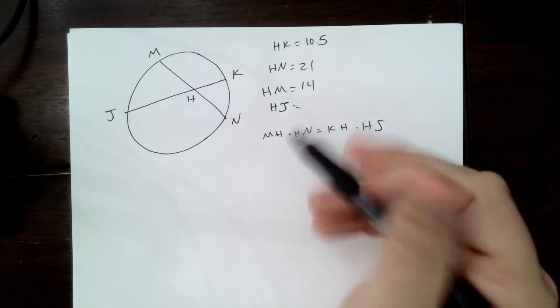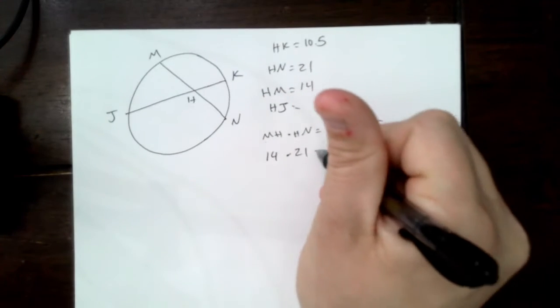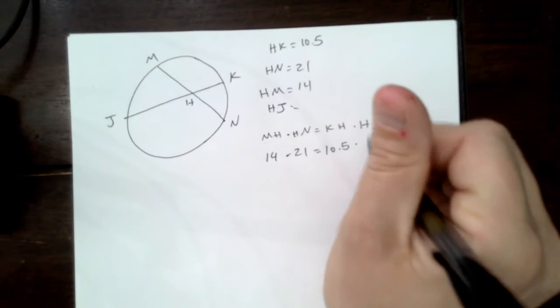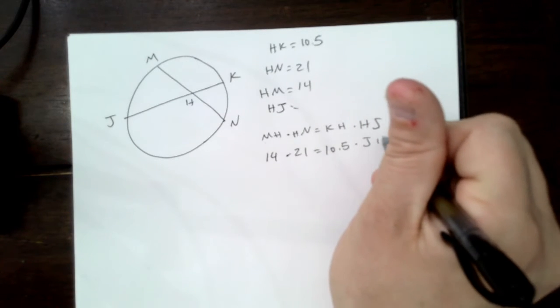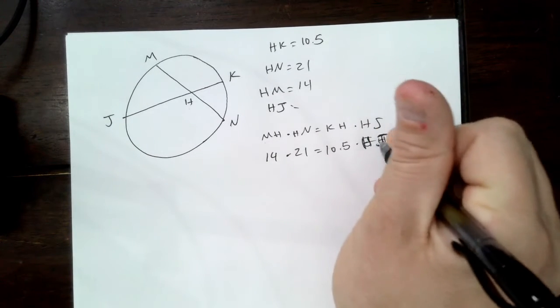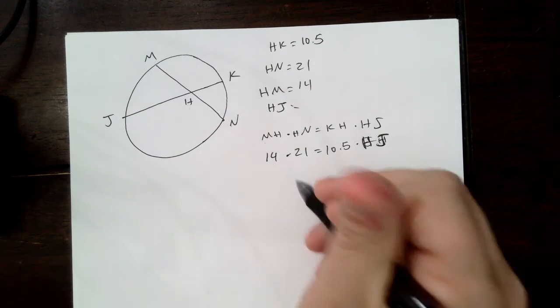Do we know what MH is? Yeah, we do. It's 14. Do we know what HN is? Yeah, it's 21. HK is 10.5 times HJ, which we don't know. So we're looking for this. So 14 times 21. Whoops. 14 times 21.